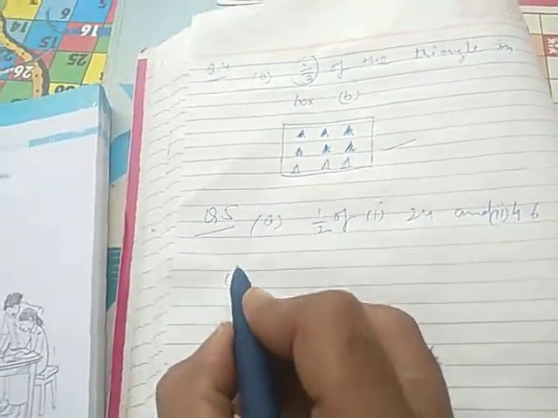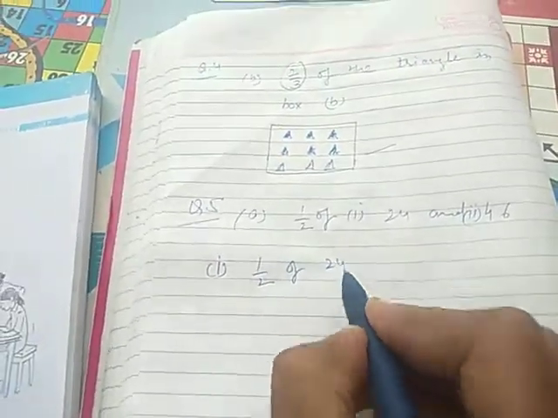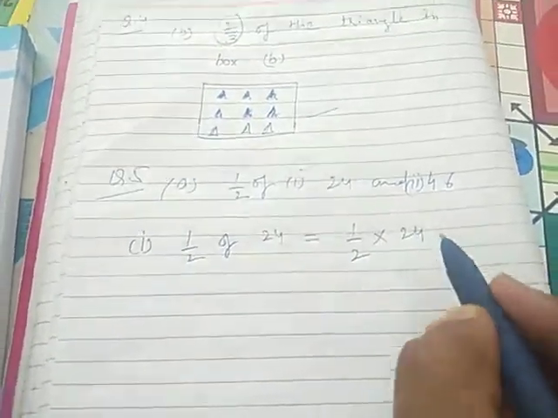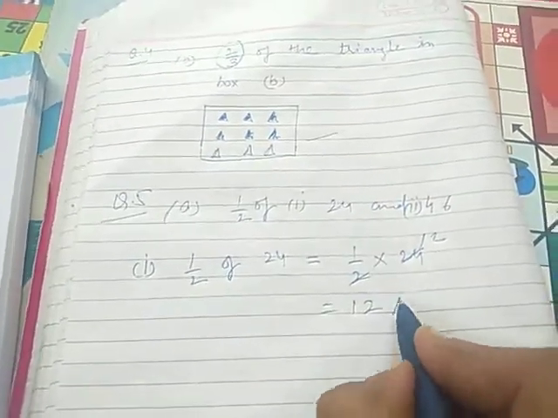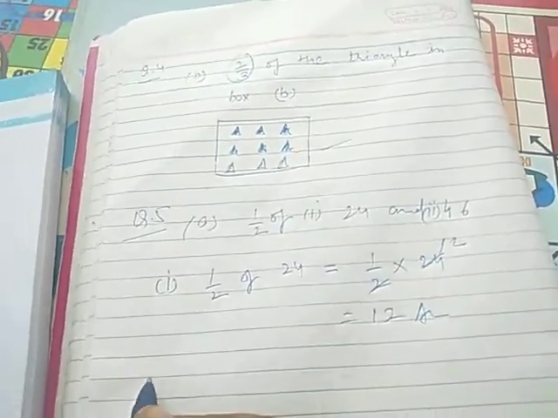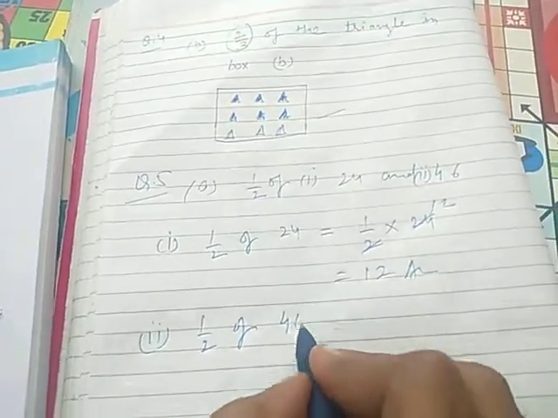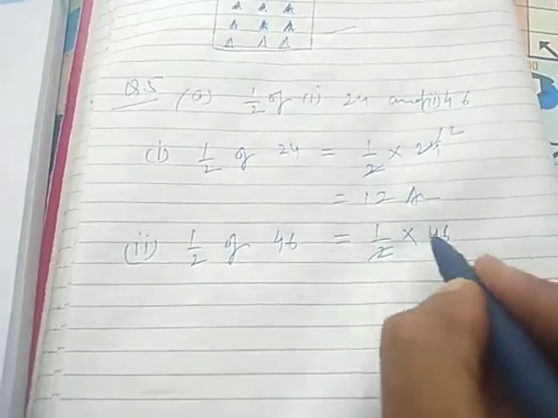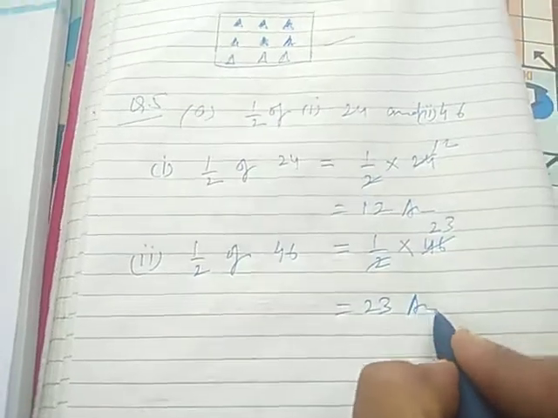So let us do the first part of this question. The first part is 1/2 of 24 and the second part is 1/2 of 46. 1/2 of 24 will be equal to 1/2 multiplied by 24, so 12 twos are 24, and the answer will be 12. The second part is 1/2 of 46. It will be equal to 1/2 multiplied by 46. We can cancel this by 2: 2 twos are 4, 2 threes are 6, and 23 will be your answer.